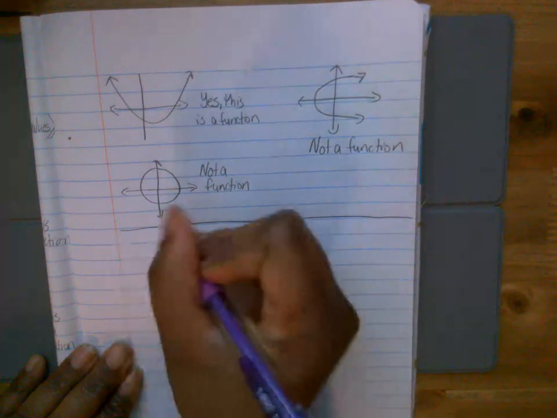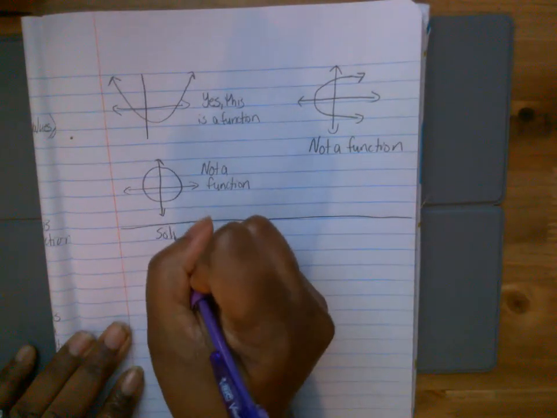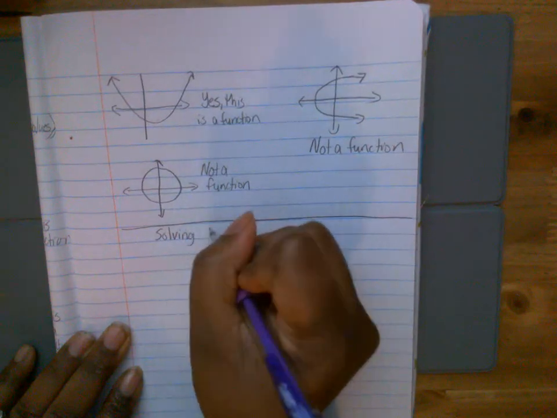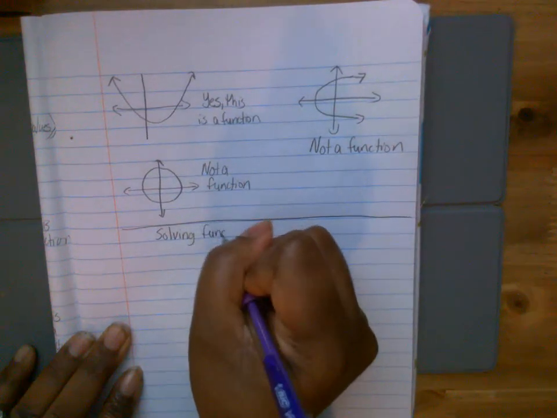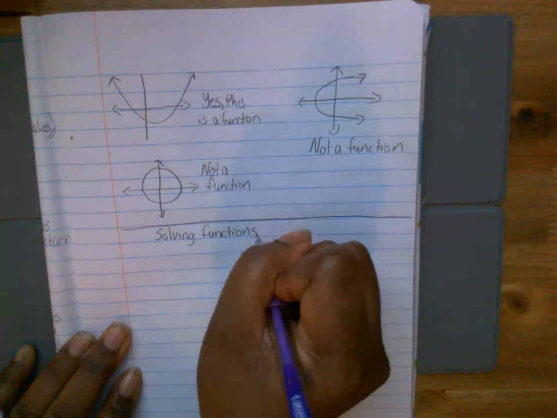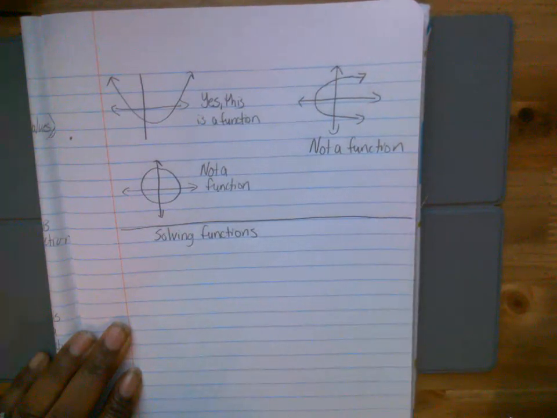Solving a function. There are a couple of ways that you can solve some functions. They're going to give you some values, and you need to figure out what the output is.